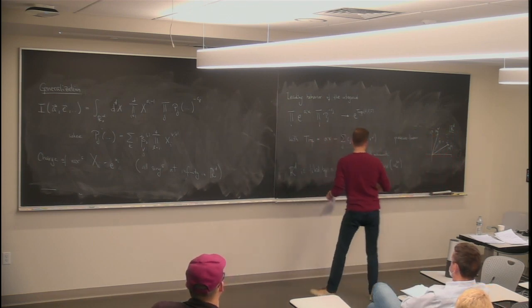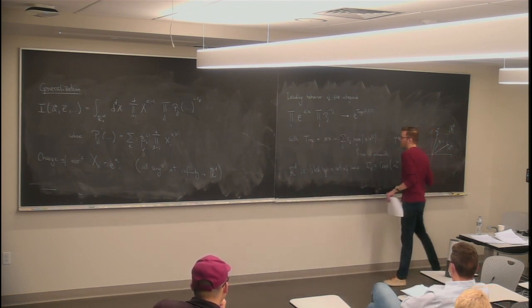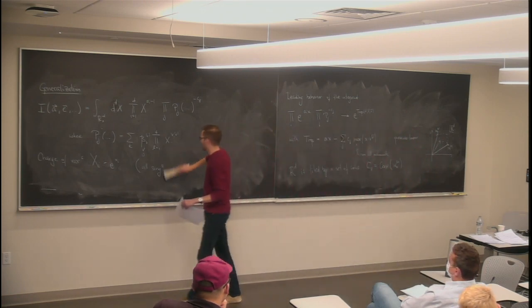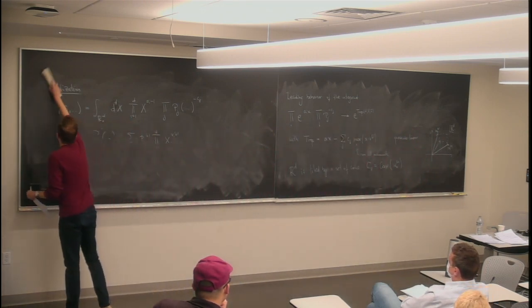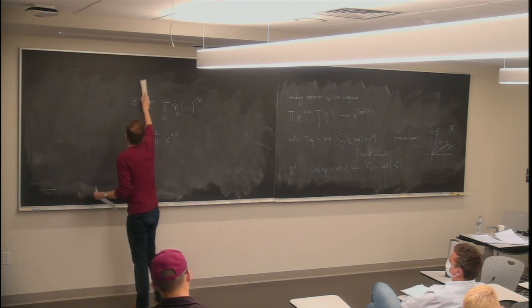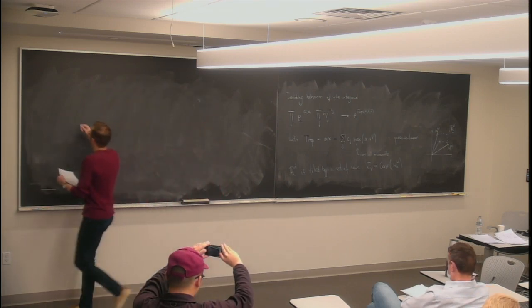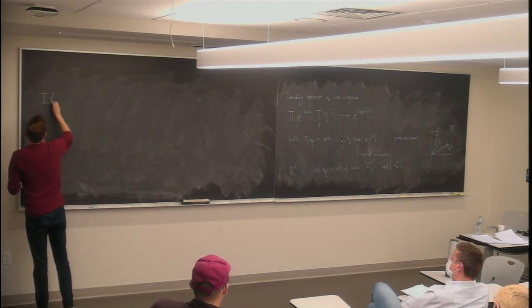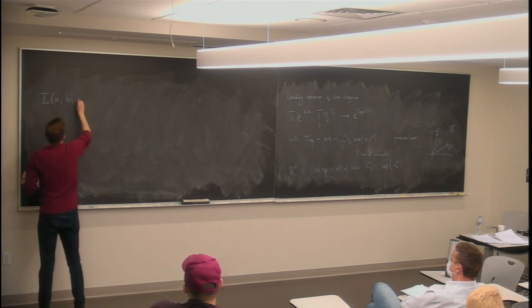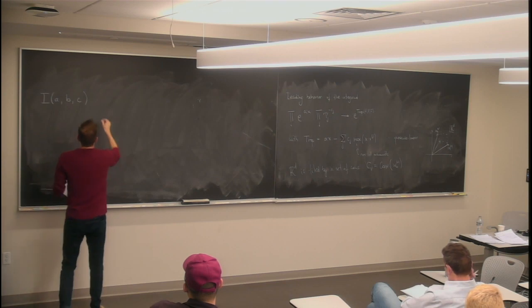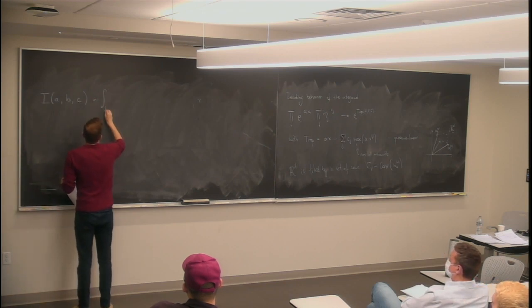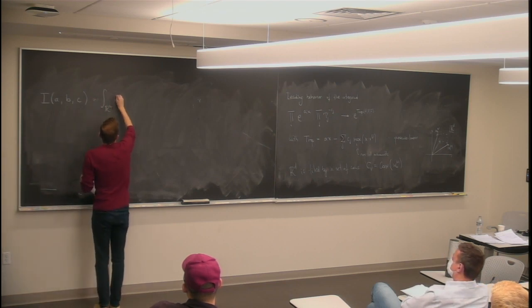So at this stage, let me just come back to the previous example, and let's do it maybe here. Recall that in the previous example, we had this integral dependent on a, b, and c.